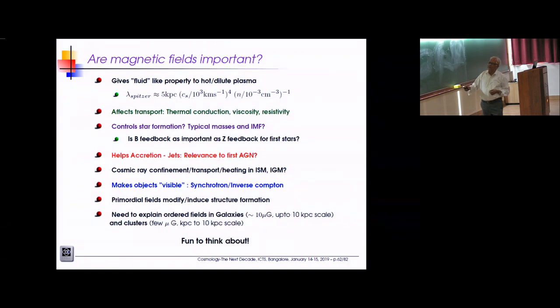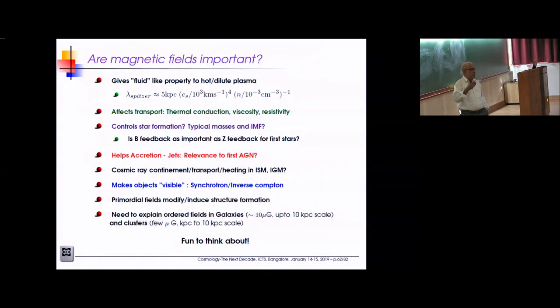And there is a whole question of how does it control star formation? Present-day star formation, which occurs in molecular clouds, is completely dominated by magnetic field effects. The fact that you get jets is because of magnetic field. Whether you get support or not is because of magnetic field in the molecular cloud.